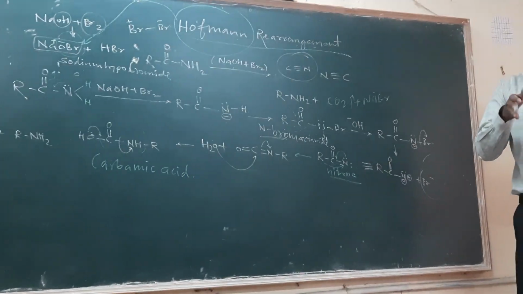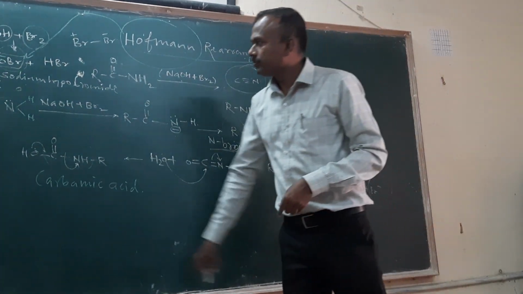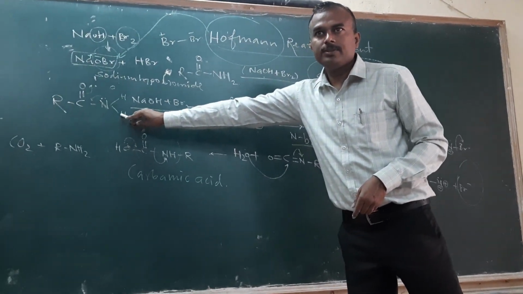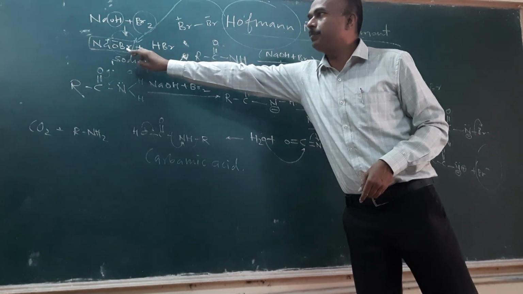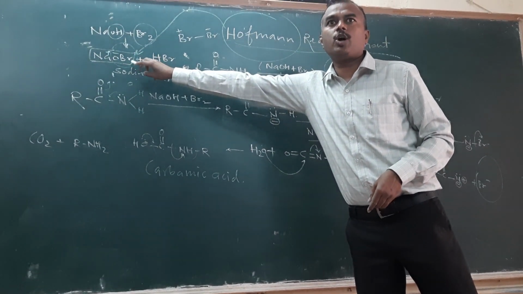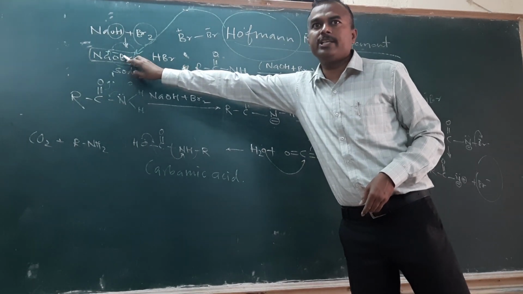See what is happening in this rearrangement. In the first step, the amide is reacted with the base, sodium hypobromite, so here Na positive, OBr minus.